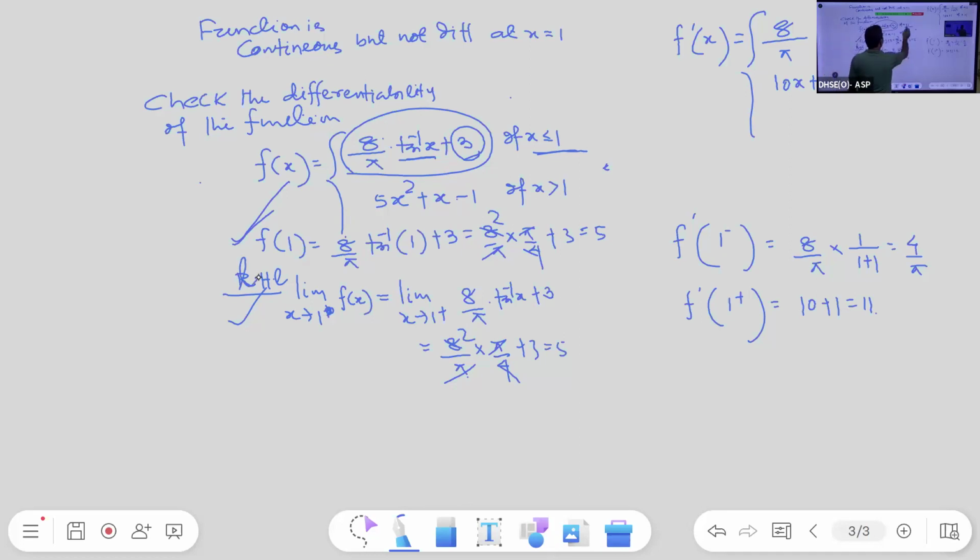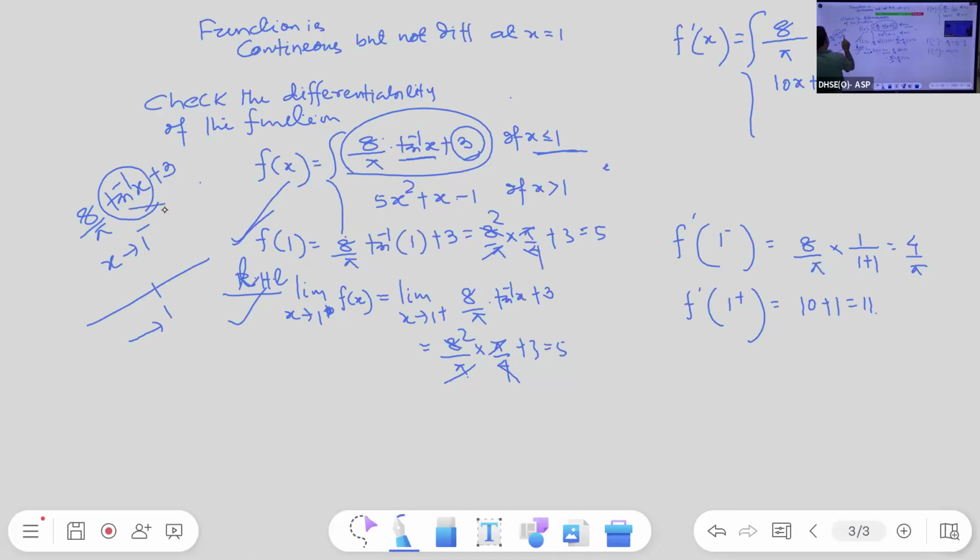When x is approaching to 1 from the left hand side, here the function is 8 by pi tan inverse x plus 3. When x is approaching to 1 from the left hand side, tan inverse x approaches to pi by 4.